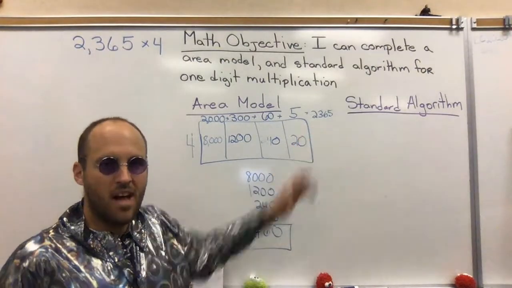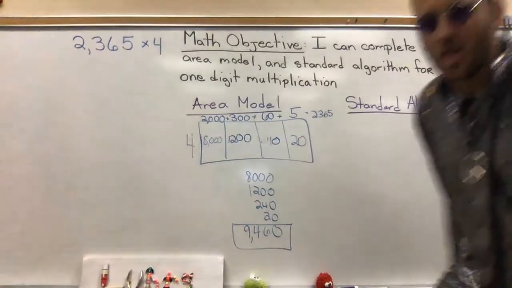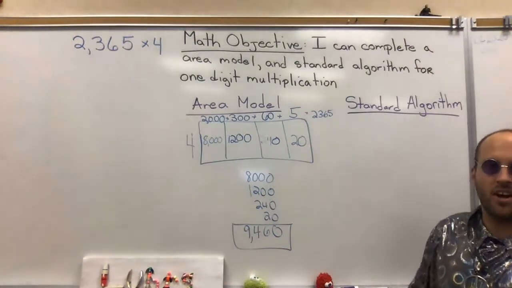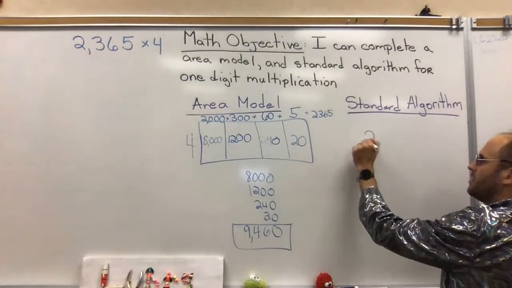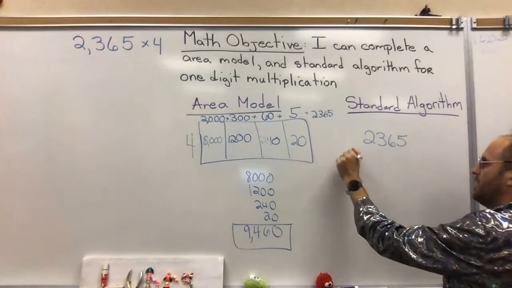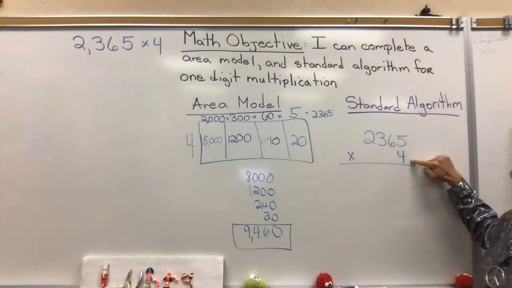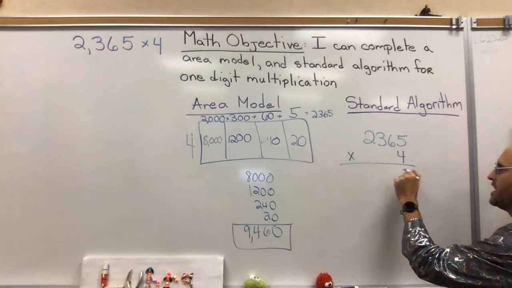Now, standard algorithm, the old way of doing things, still the best way to do things. Again, our goal for doing it. Same thing. We take our number, 2,365, and we multiply it by 4. 4 times 5 is 20, so a 0 goes here.